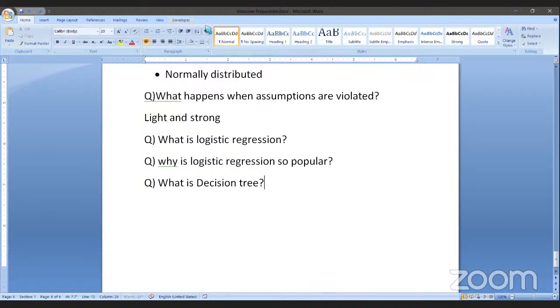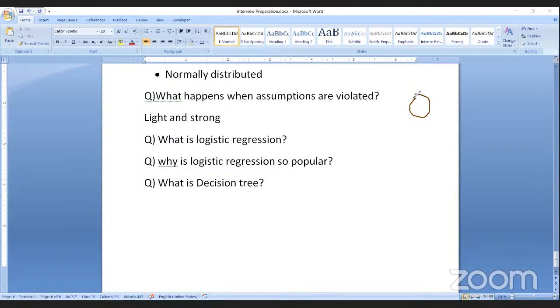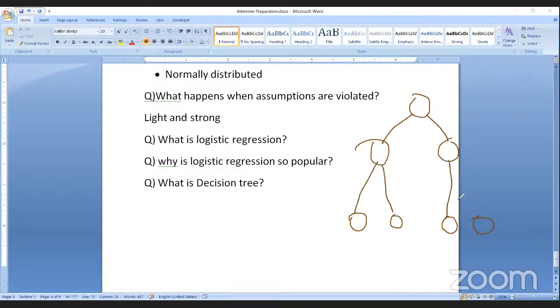So basically, let me draw the diagram. So we have something like this. This is called the root node. This is branch node, and this is the output leaf node.